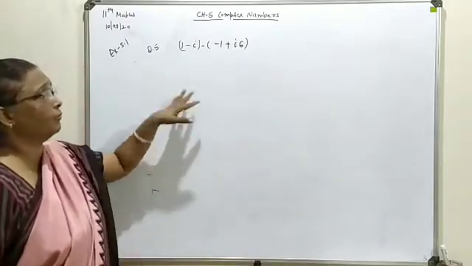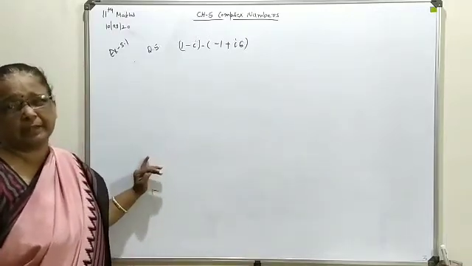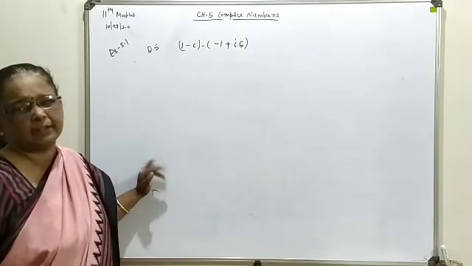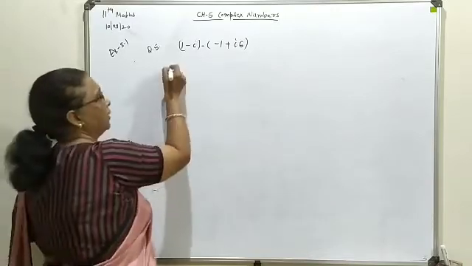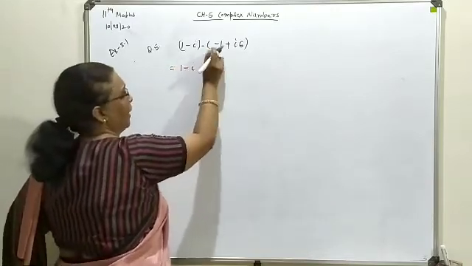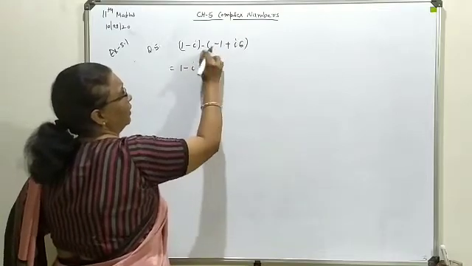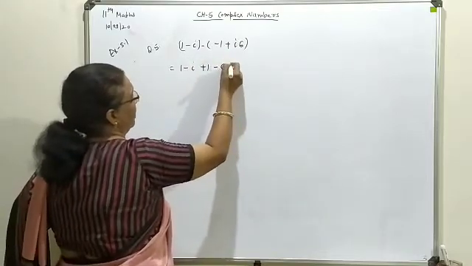So obviously, first of all we have to make a separation of real and imaginary part and then finally make it combined. So here it is 1 minus iota, minus 1 plus, this is your minus 6 iota.